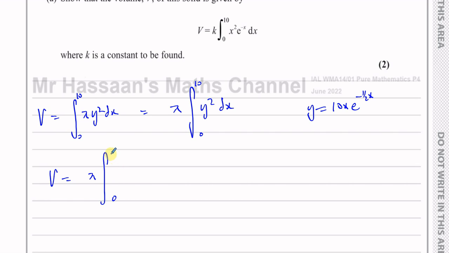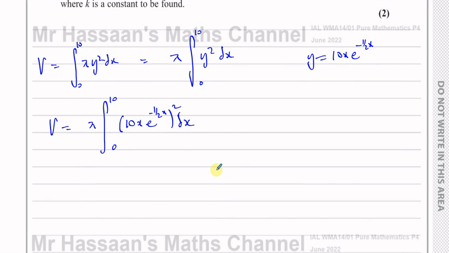So we're going to have the integral between the limits of 0 and 10 of 10x times e to the power of negative a half x, and, sorry, that's going to be squared, and that has to be integrated with respect to x.